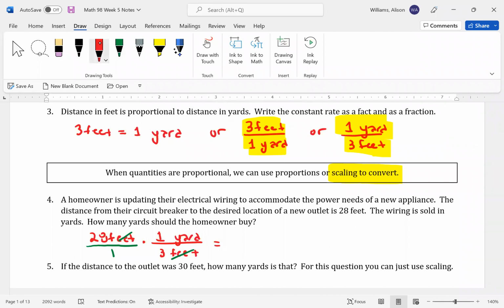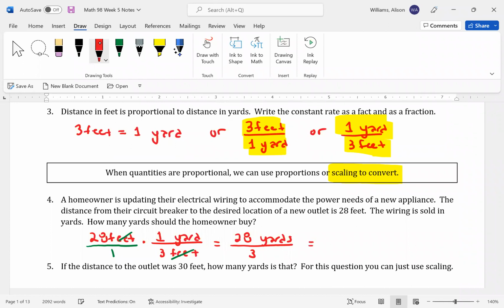Using fraction multiplication, I'm going to multiply straight across, numerator times numerator. So 28 times 1 is 28 yards. In the denominator, I would have just a 3, no measurement, because the feet canceled out. I can grab my calculator, take 28, divide that by 3. I think you should do your calculator too. If you don't have it, go grab it.